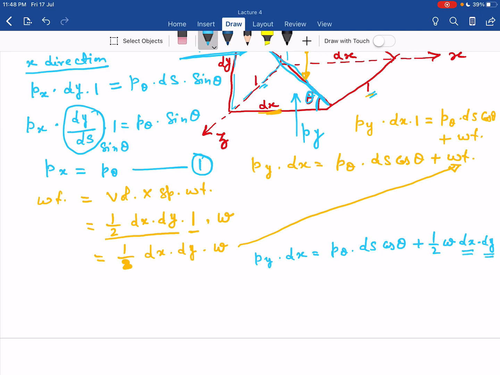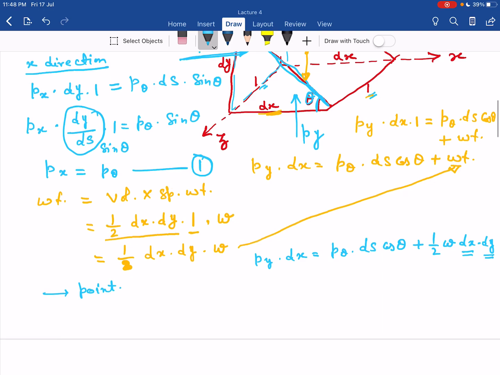If this wedge shape element is similar to a point, then these dimensions dx and dy are very small values, so the product of these very small values we can neglect.